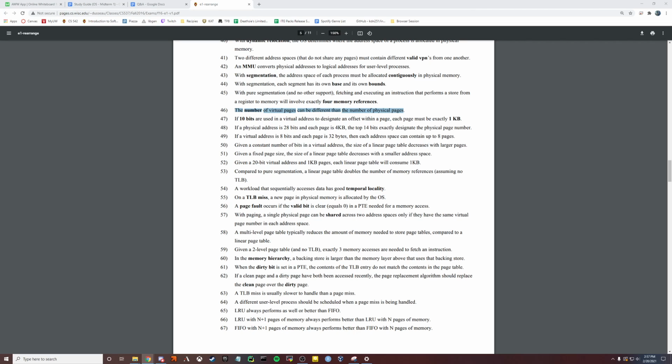So that would make me think that there are actually physical pages. I agree. Then the question remains, is there an equal number of pages in both virtual and physical memory?